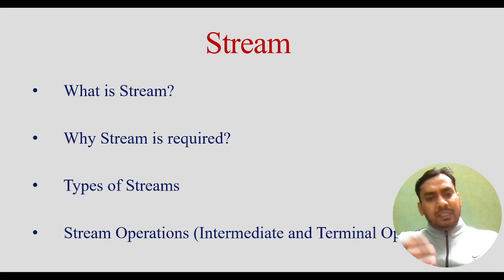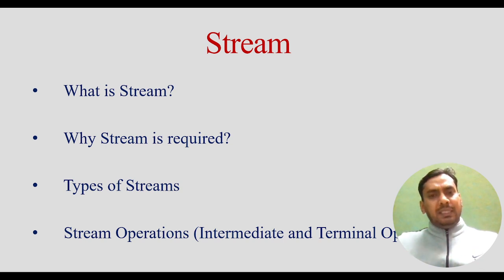Based on this particular property, there are two types of stream operations. The first one is called an intermediate operation and the second one is called a terminal operation. So what is an intermediate operation?